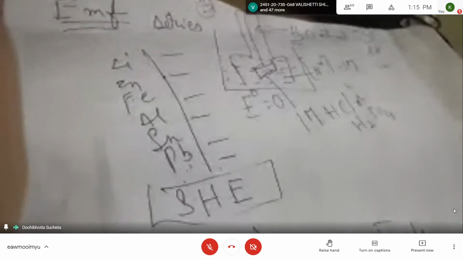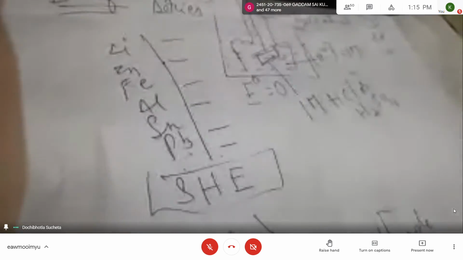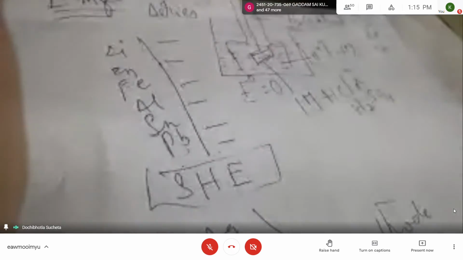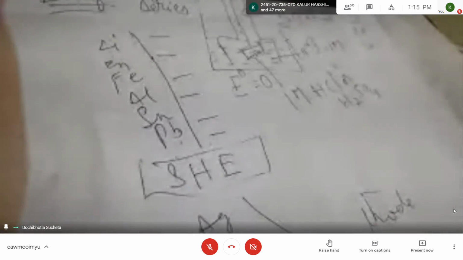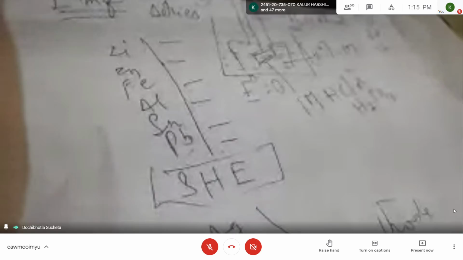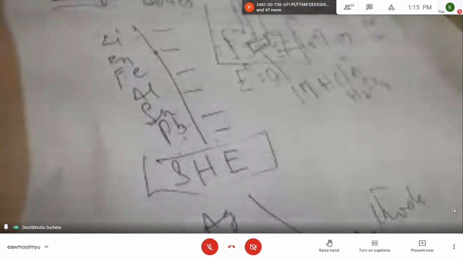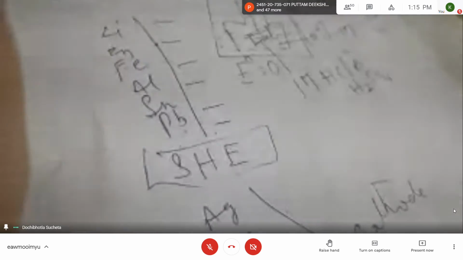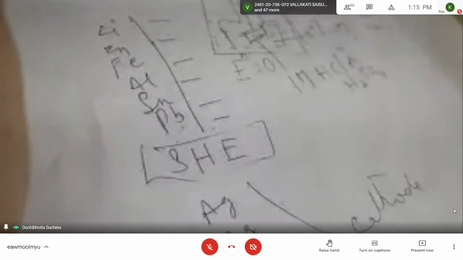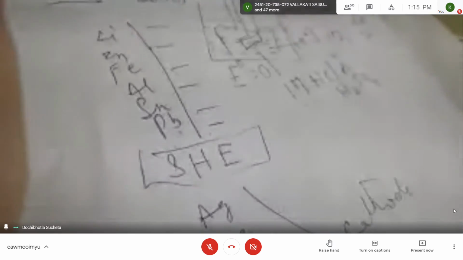Standard reduction potential. Okay. And what you should remember here is that which would act as anode and which would act as cathode is dependent on the single electrode potential, not on the ionizing tendencies. What is ionization?